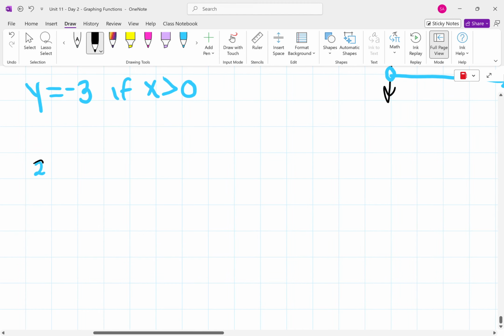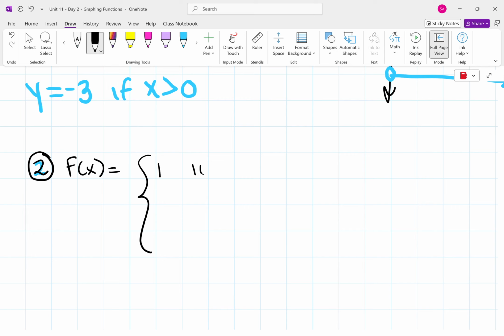You guys try this one. F of x is equal to 1 if x is greater than 0, 0 if x is equal to 0, and -4 if x is less than 0.